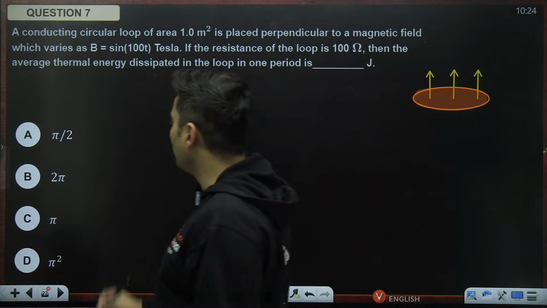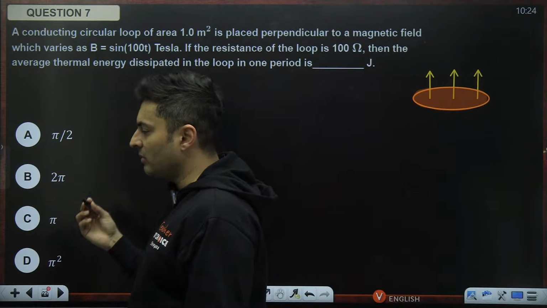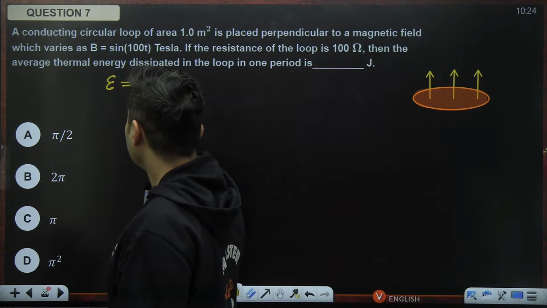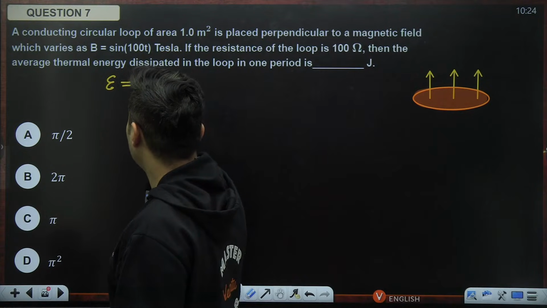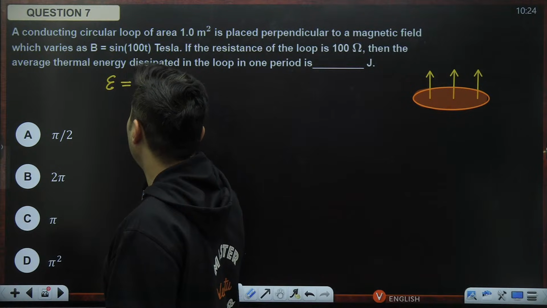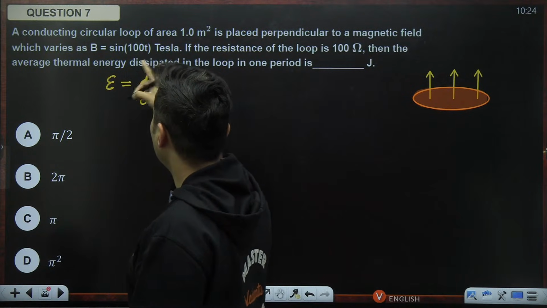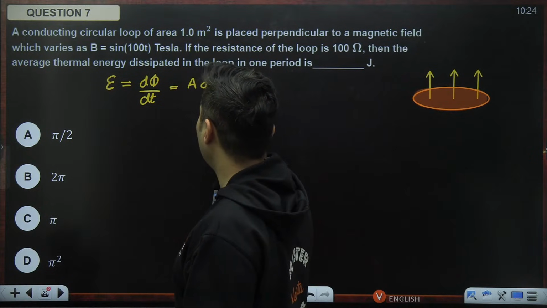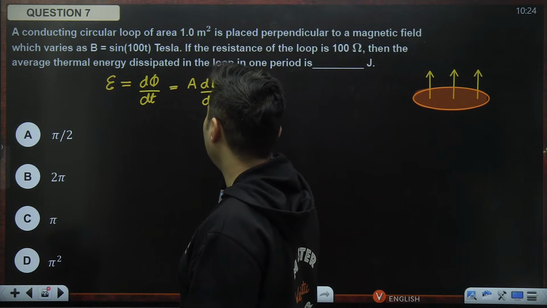Okay, let's try to figure out the basics first. How much is the EMF? EMF will be nothing but the rate of change of magnetic flux. Magnetic flux means magnetic field into area. Area will go outside, and I will have dB by dt over here.